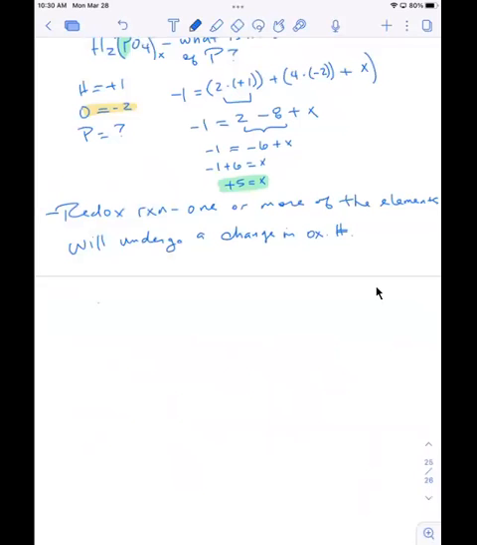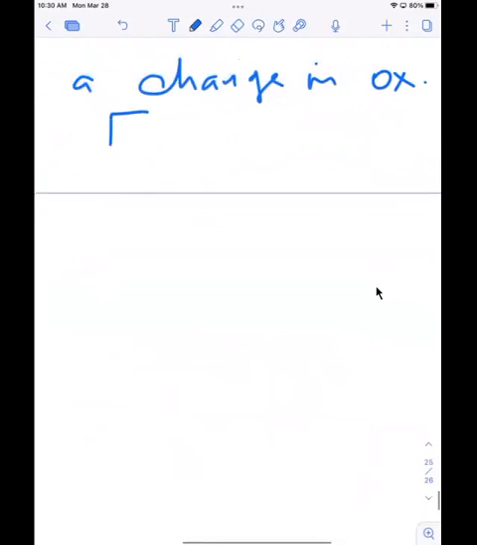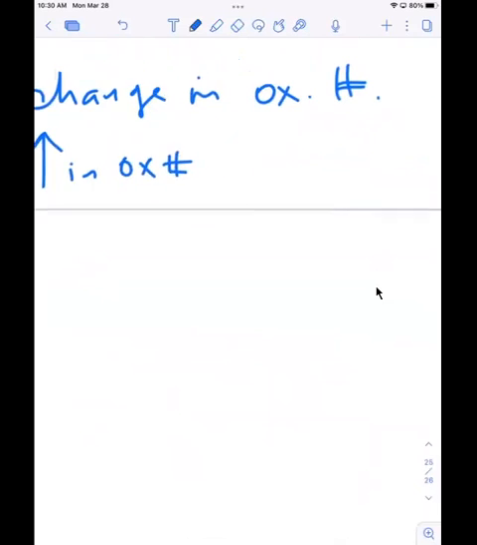Are y'all following? So when we say change in oxidation number, if the oxidation number increased, that means oxidation happened.